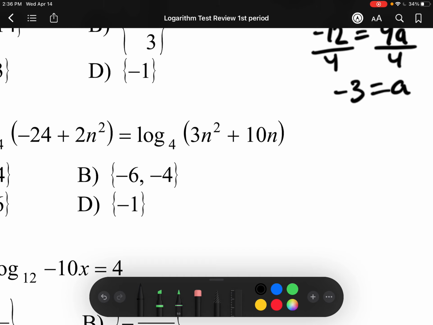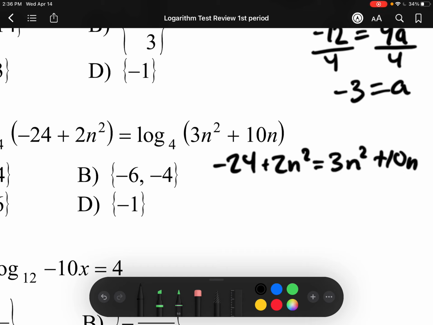I'm just going to write it over here. Negative 24 plus 2n squared is equal to 3n squared plus 10n. So again, we want to get everything on one side of the equation, and I want to keep my leading coefficient positive, so I'm going to subtract 2n squared from both sides. That keeps my n squared positive.